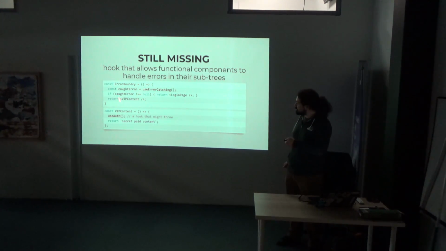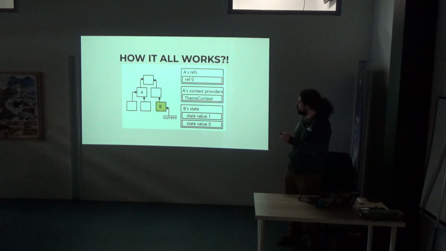I've actually raised a bug against the React team for this missing functionality, but it's probably not going to be a hook because of some considerations. If you want to have an error boundary, you want some component to catch errors, you want that to be explicit in the tree. You want to say this component catches errors from its subcomponents.